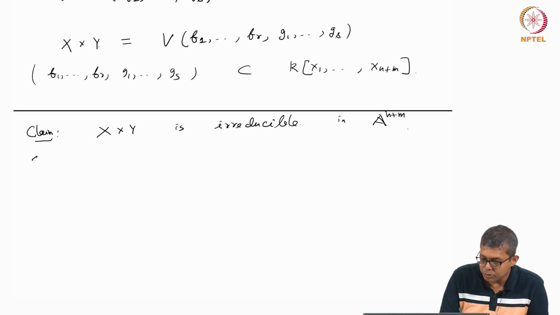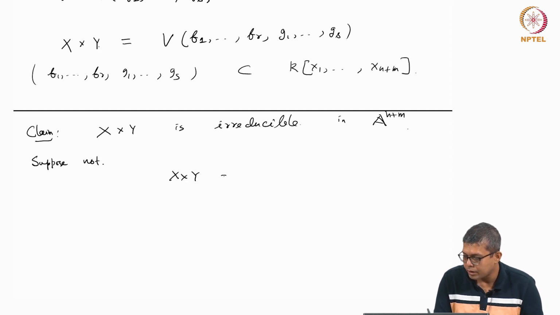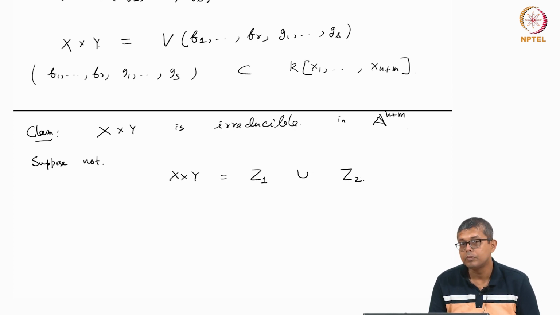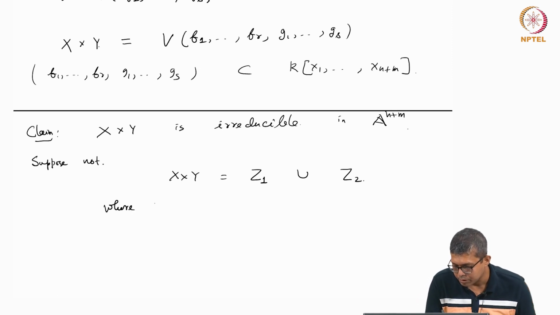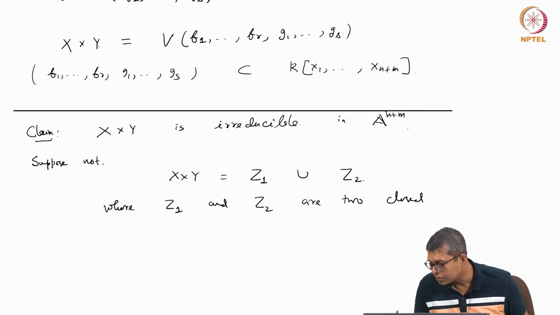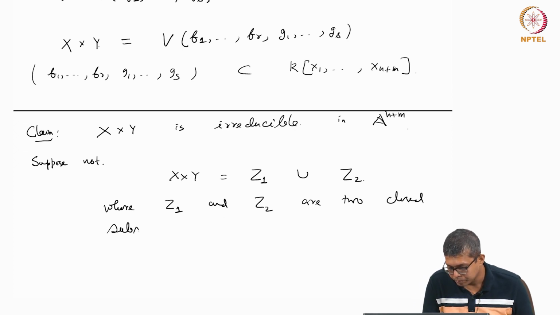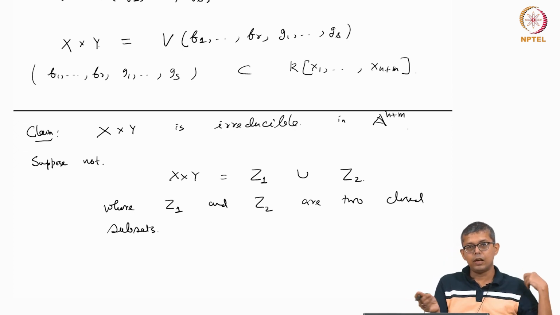So, suppose not. Then X cross Y you can write as Z1 union Z2, where Z1 and Z2 are two closed subsets, and Z1 is not X cross Y, so they are proper closed subsets.